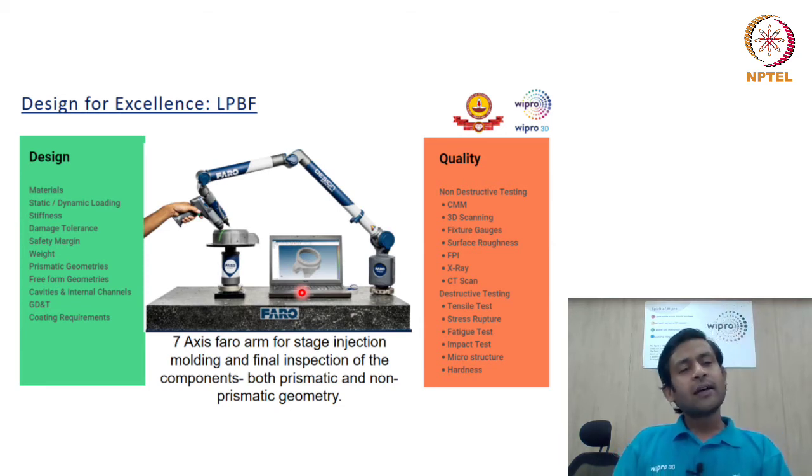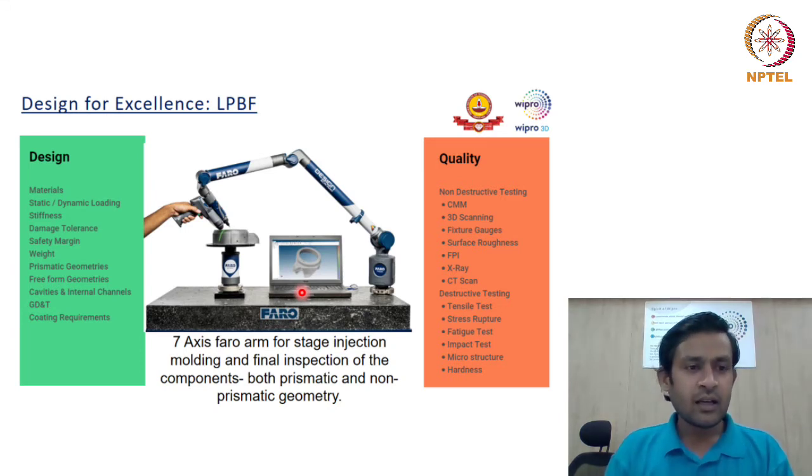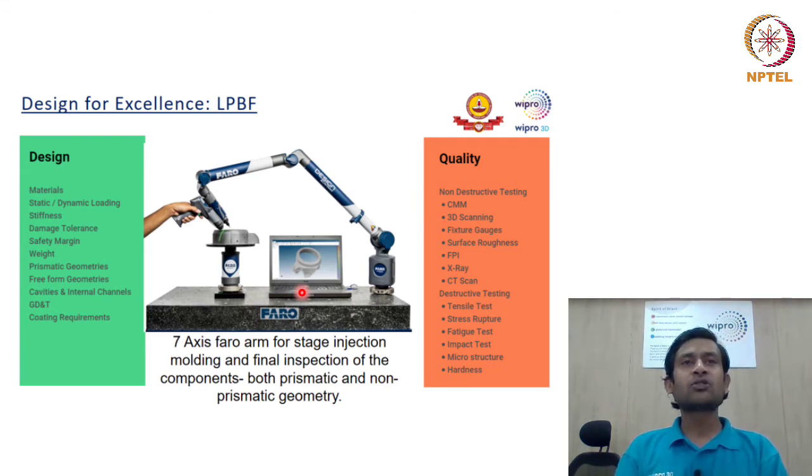Now in order to validate a design, there are different types of techniques depending on the type of design you want to validate. For example, if you want to validate a design where you just have to measure the PCD, then you can go with a probing CMM where you can measure the center points of all the holes and you can conclude the PCD.